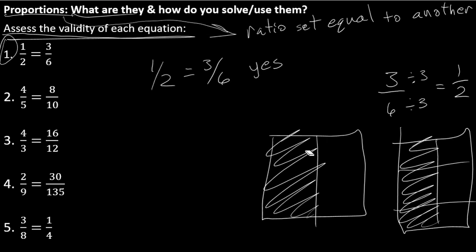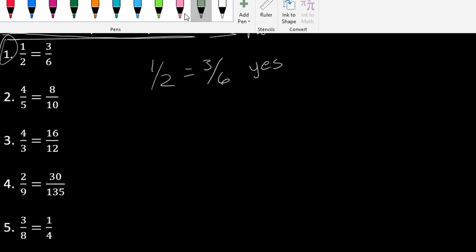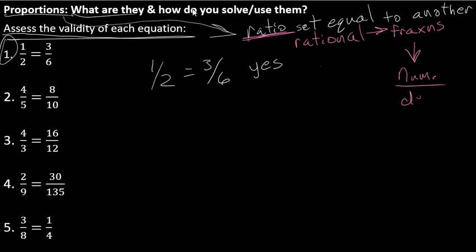Okay, there's one more way to prove that these two are proportionate, or equal to one another rationally. And when you hear the word rational in math, it's just talking about ratios and/or fractions. Fractions are ratios. They're rational because you have a ratio of numerator to denominator.